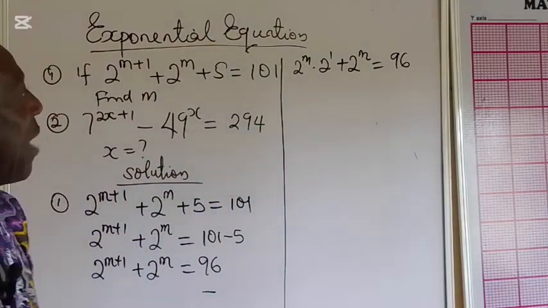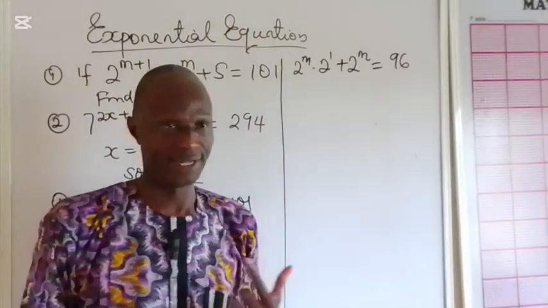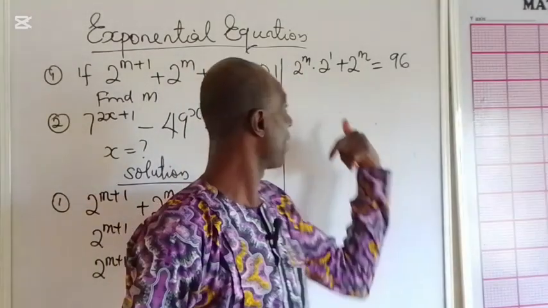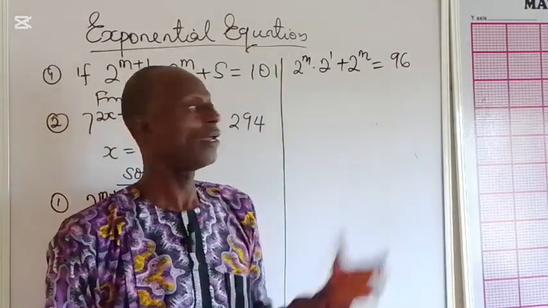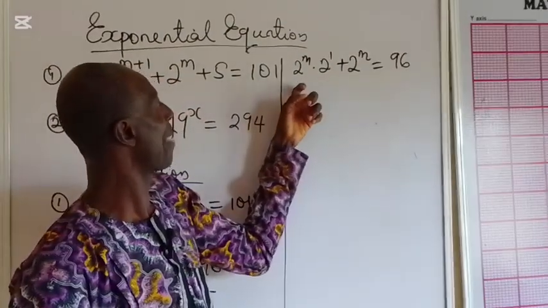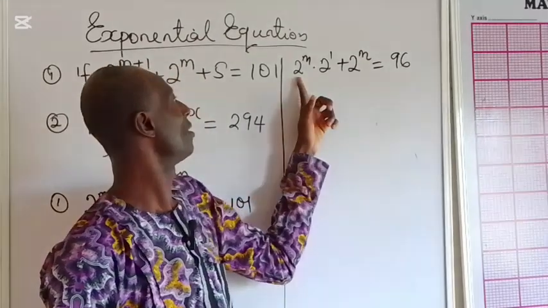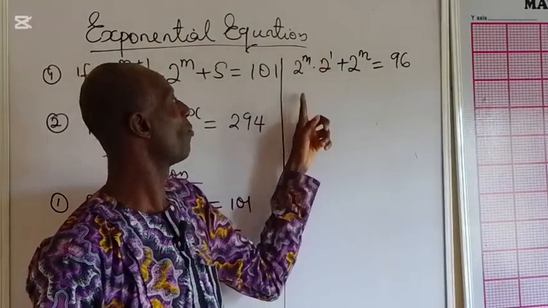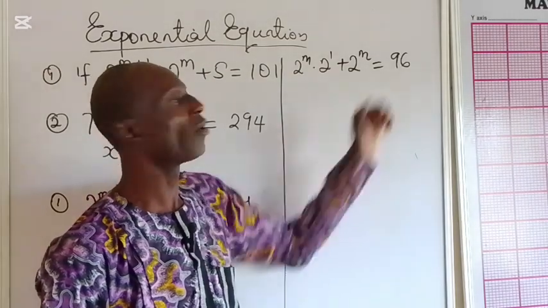When we get here, we can solve this in 2 ways. One of the methods: let y be 2 raised to power n. So here will be 2y plus y is equal to 96.